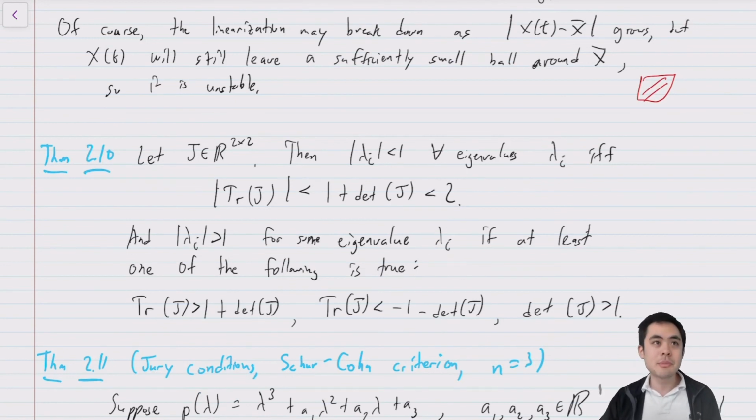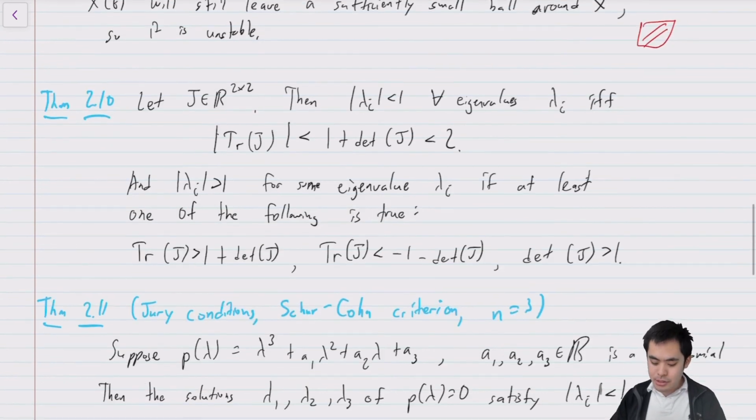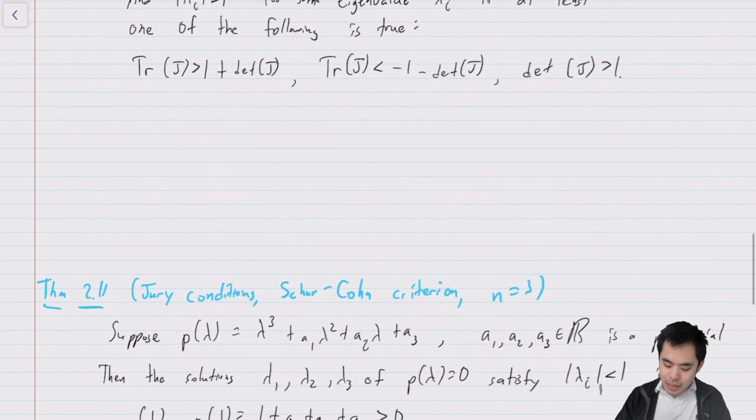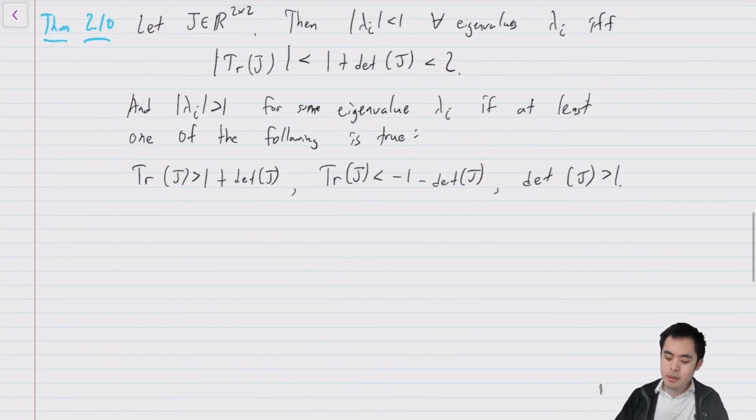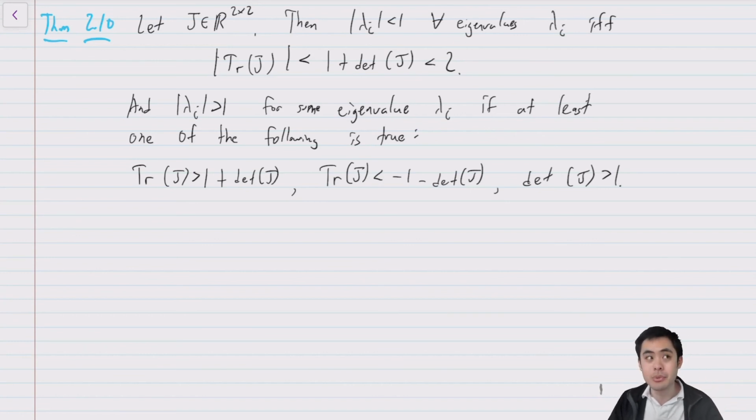Instead, I'm going to spend some time proving some Jury conditions for the n equals 2 case. Here for theorem 2.10, we gave a lot of conditions that allow you to quickly determine whether or not a 2 by 2 matrix has eigenvalues that are less than 1 or greater than 1.